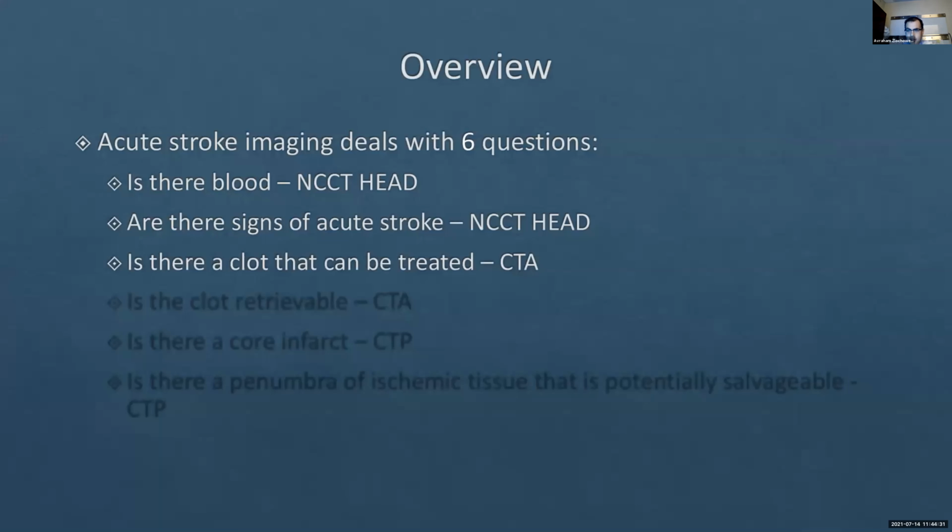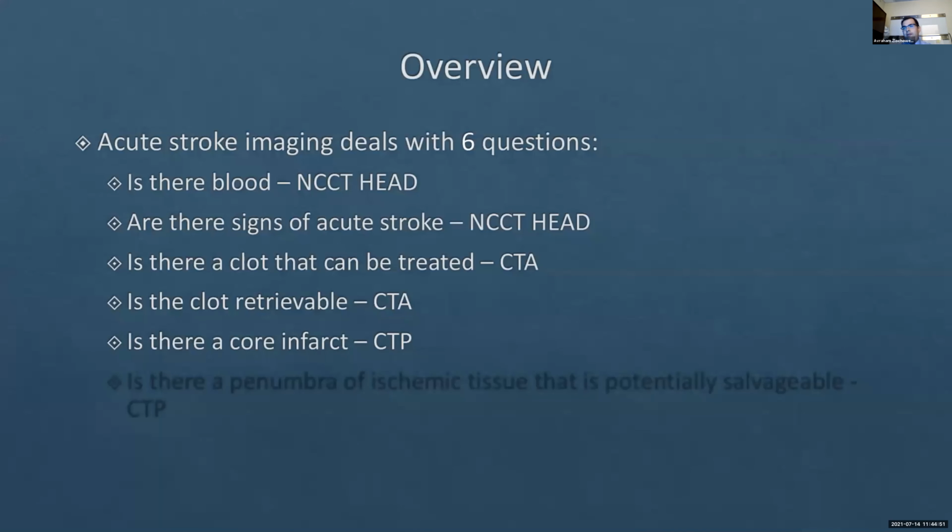Is there a blockage, a clot, what we call a thrombus, that is causing their symptoms and that can potentially be treated? And can you get to it? We're going to use something called a CT angiography, which uses contrast dye to look at the vessels.